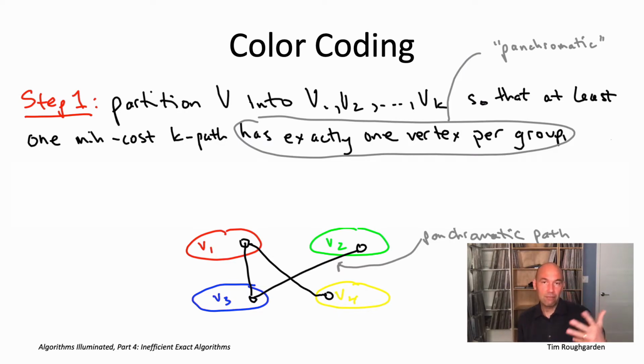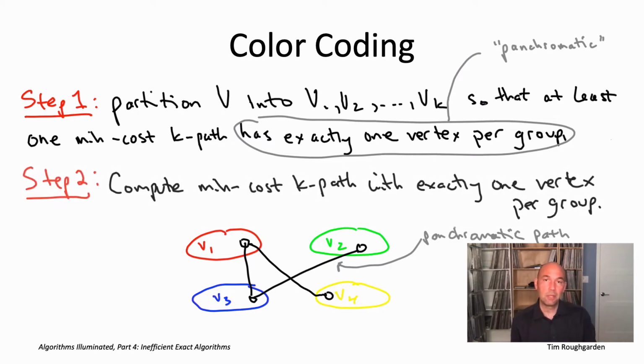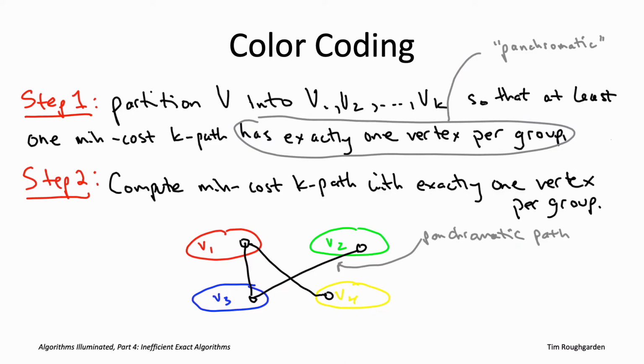So in your graph, given the vertex partitioning, given the vertex coloring, among all of the panchromatic k-paths in the graph, your responsibility is to compute the minimum cost one. Now notice, while a panchromatic path is automatically a k-path, automatically has k vertices in it, the converse is not true. There are going to be k-paths that are not panchromatic. For example, here's one that starts and ends at V4 and skips V2 entirely.